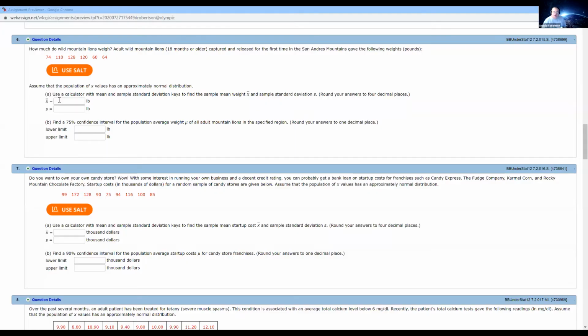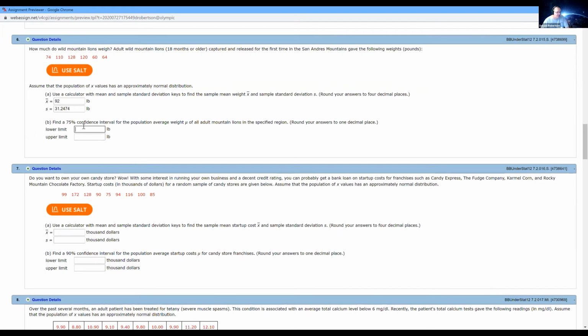What I would do here is, what do they want? 4 decimal places. Well, that's not going to work because I only have 3 in front of me. Oh, wait a minute. No. The answer was 92, or 92.0000. It was exactly 92. And the standard deviation is 31.2474.